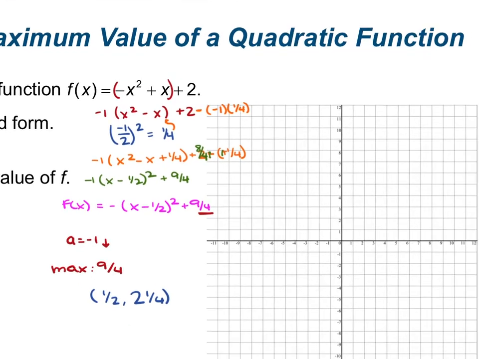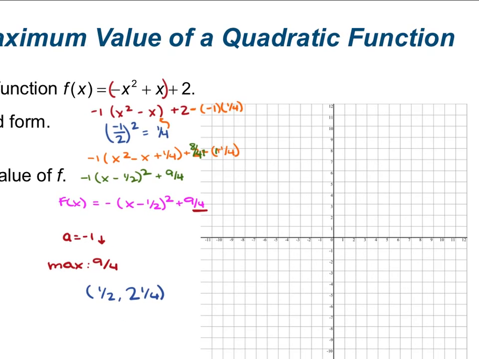So when I graph this, the 1/2, 2 and 1/4 is going to be about here. I have a y-intercept of 2. If I want to find my x-intercept, I can do that by plugging in 0 for y.